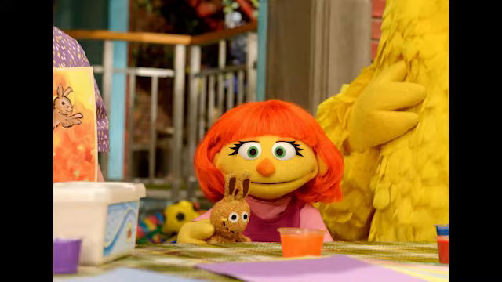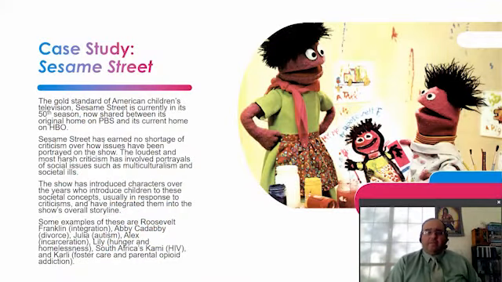Now, Julia herself has caused a little bit of controversy within the autism community, as the group that helped to create the character wound up severing ties with Sesame Workshop. Okay. Not quite sure why that happened. There was some kind of disagreement over the portrayal that Julia was giving, but at any rate, they tried.